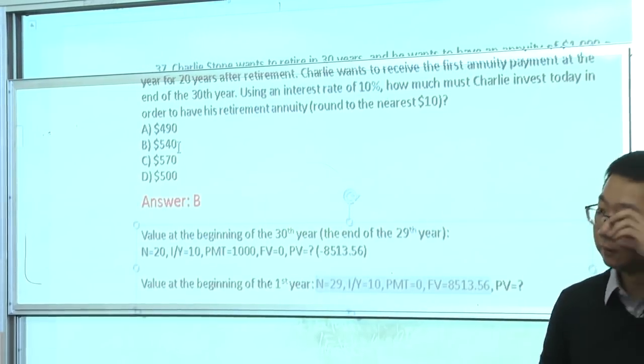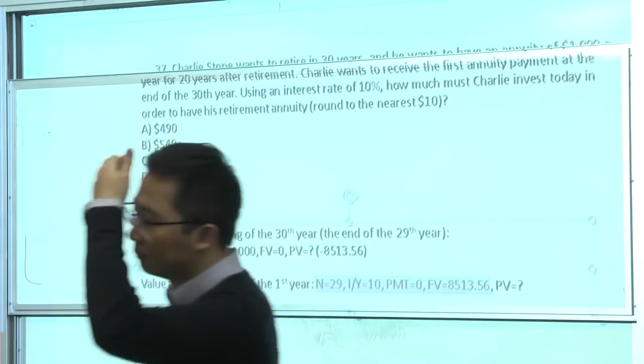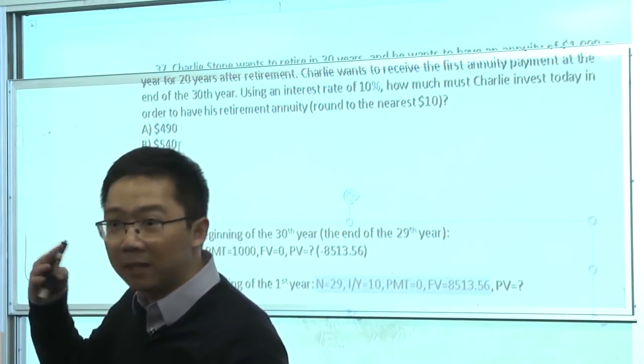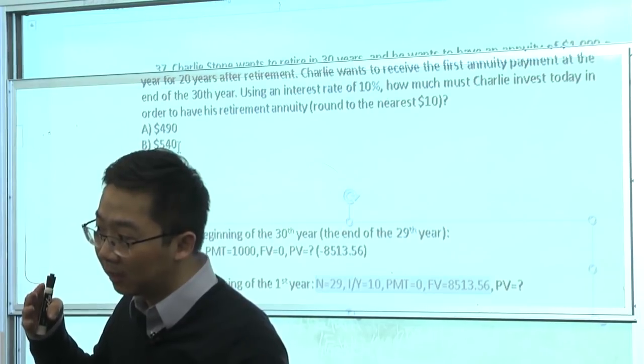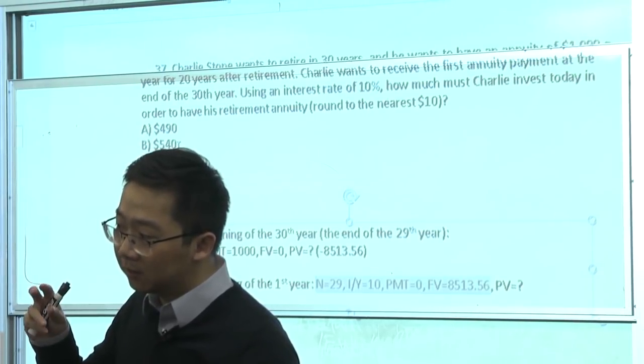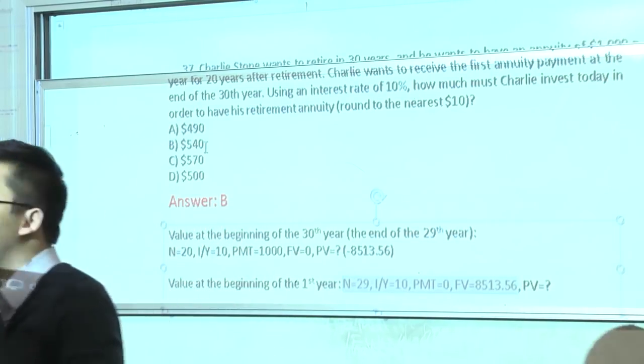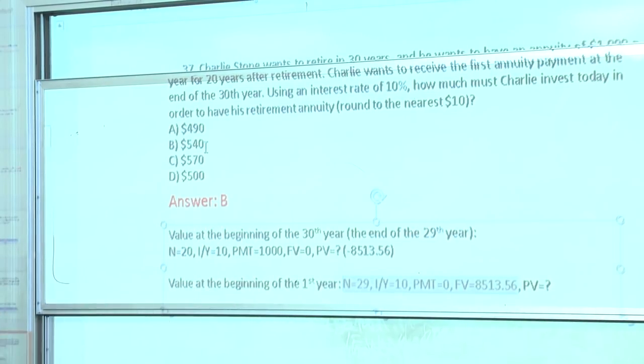Question? Would this be considered an ordinary annuity? This is considered ordinary annuity. Some others may think this could also be annuity due, right? But it depends on you. I don't want to give you two different methods and confuse you. This is the easiest way to think about it.